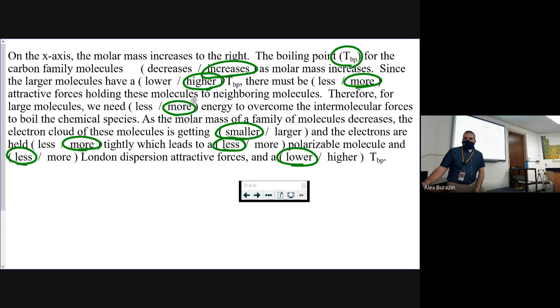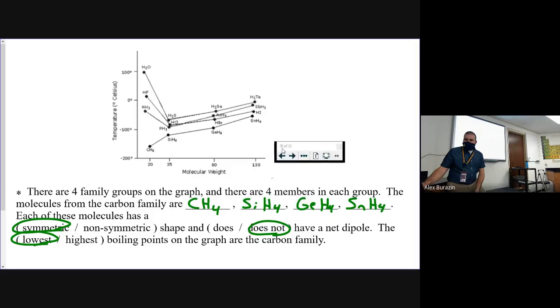Okay? So when I go back and I look at this, you add more mass on that carbon family, and you notice the boiling point is going up. They're all nonpolar. We haven't changed the type of intermolecular force between the CH4, the SiH4, the GeH4, and the SnH4. It's the same structure, more or less.